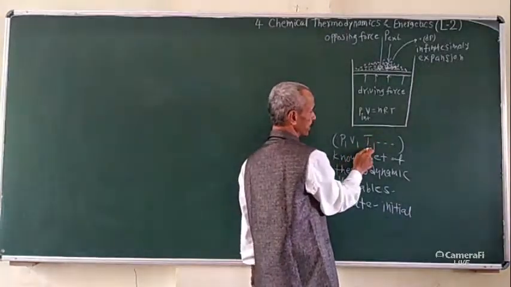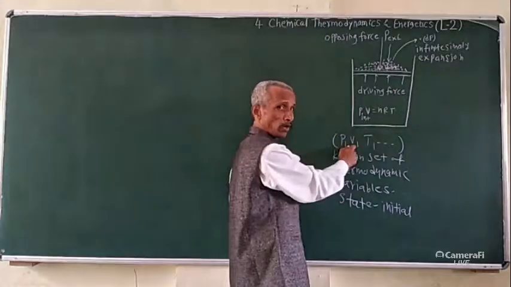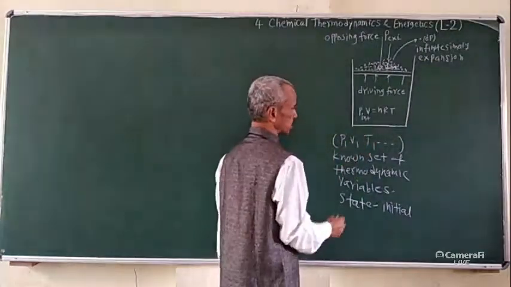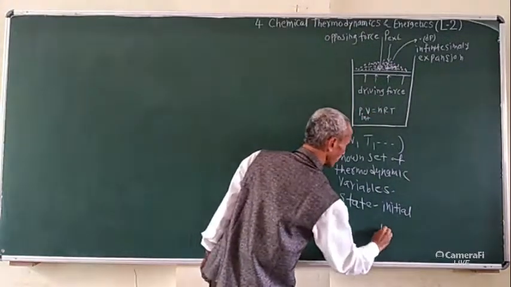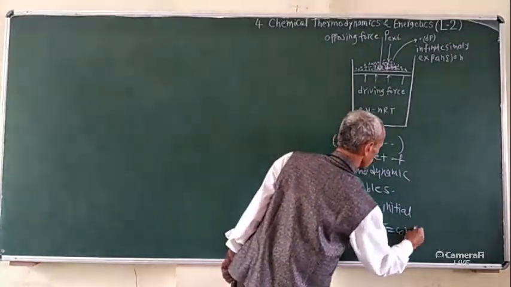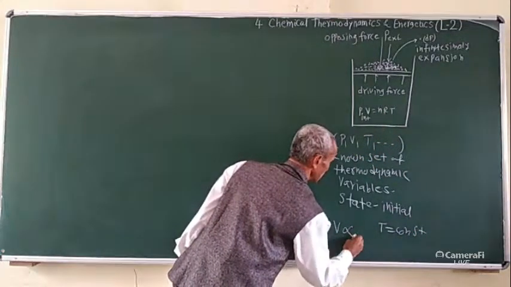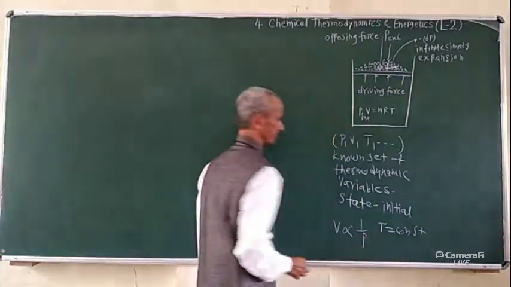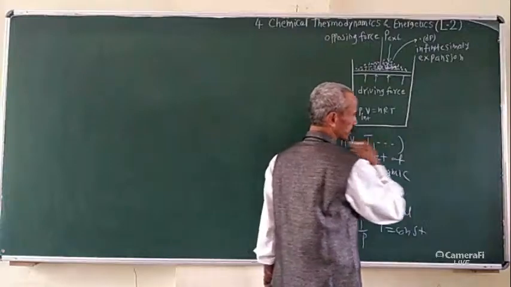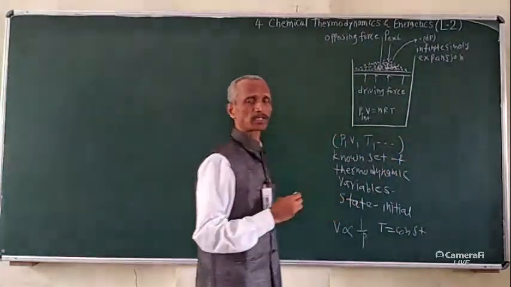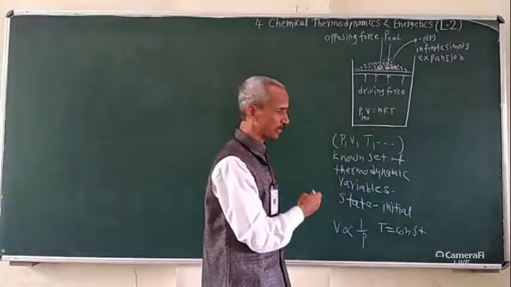If you keep the temperature constant, what is the effect on the volume? According to Boyle's law, at T equal to constant, the volume is inversely proportional to pressure. So here this process is taking place. What is a process? The change in the state of the system is called a process.